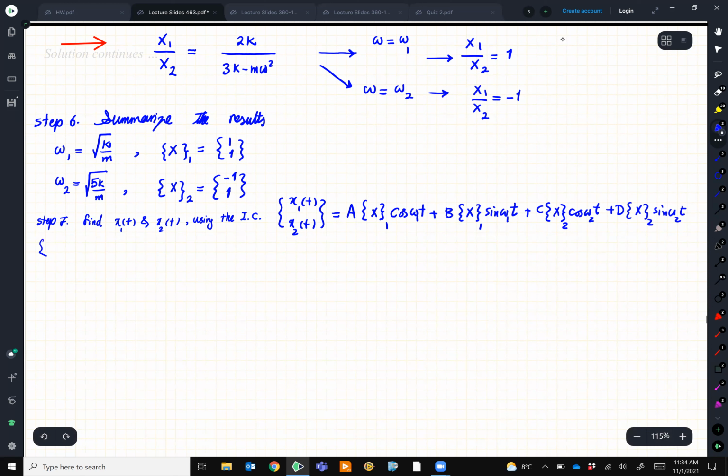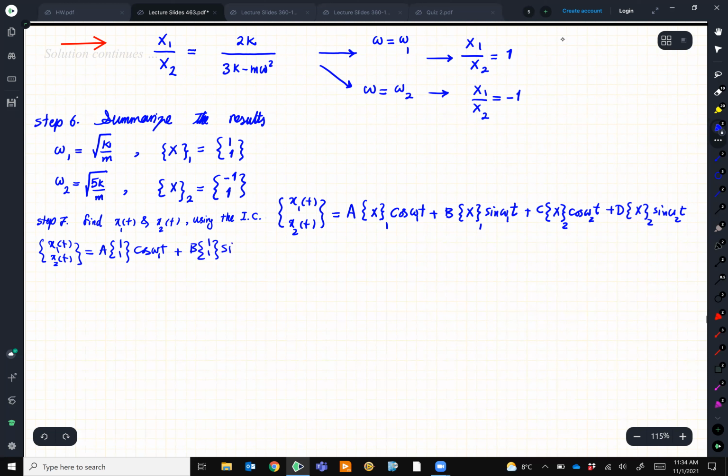So I have x1(t), x2(t) is equal to a times [1, 1] cosine omega 1t plus b times [1, 1] sine omega 1t. Oh, lots of writing.